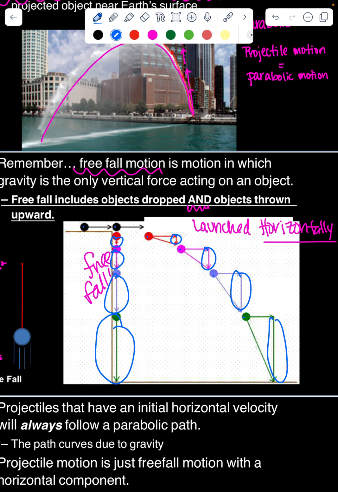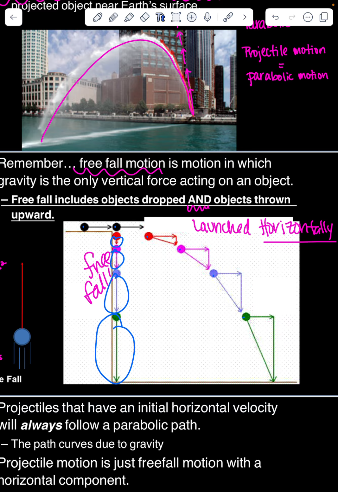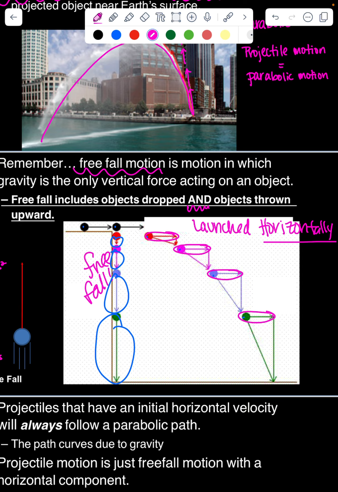The vertical components for an object in free fall and an object that has been launched horizontally are the exact same. The only difference is that the object launched horizontally now has a horizontal component to it.